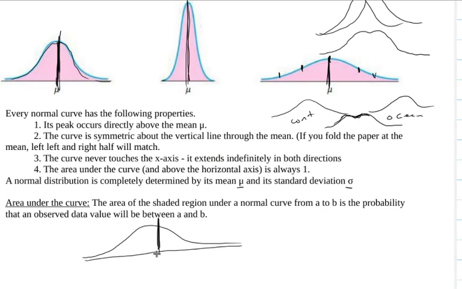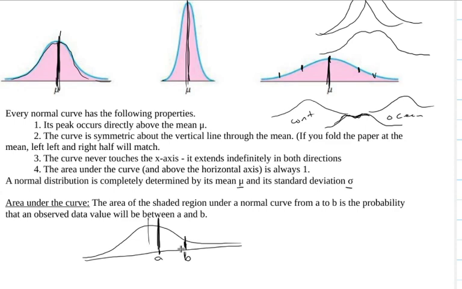Again, this is getting into the realm of calculus. If you're interested in adding infinitely many things with an area of 0 each, that is a classic calculus problem. In any case, what we're interested in here, if we're trying to find the probability of some value being between A and B, we'll generally draw it like this. A is somewhere here, slightly above my mean.